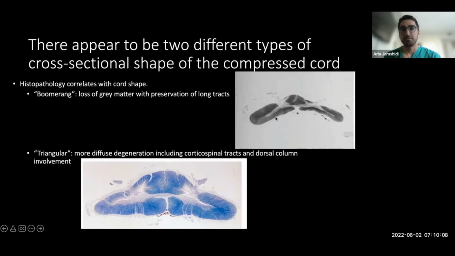In the boomerang form, you see loss of gray matter, but you have preservation of the long tracts. And in this more triangular shape, you see more diffuse degeneration of the gray matter, as well as some of the white matter, including damage to the corticospinal tracts and even some dorsal column involvement as well.